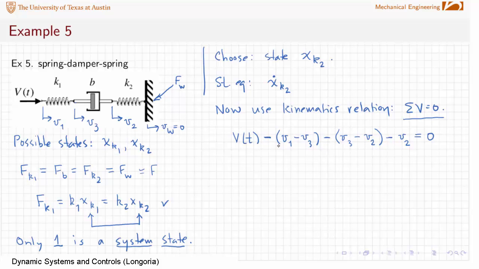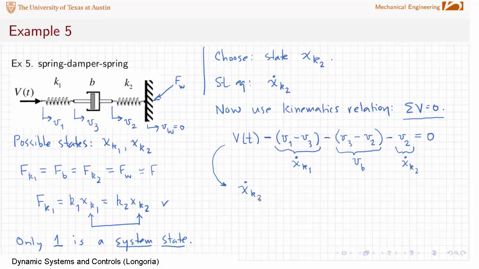You could write this a lot of different ways, and I'm writing it this way just because I want to show you that this difference actually is the velocity xk1dot. That's how fast spring 1 is compressing. This velocity here is the velocity of this damper, and this one right here is actually xk2dot.